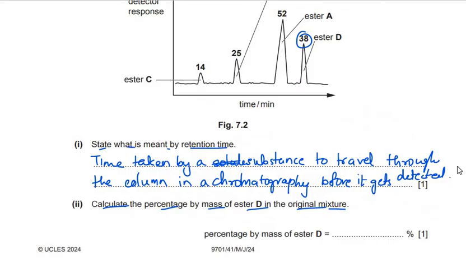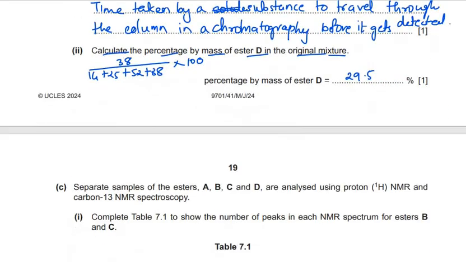So the method we'll be using is 38 divided by the total, that is 14 plus 25 plus 52 plus 38, into 100. That's the percentage by mass of ester D in the original mixture. And if we write the answer in 1 decimal place, it is 29.5%, or you can write it as 29.45%. That was the original answer.